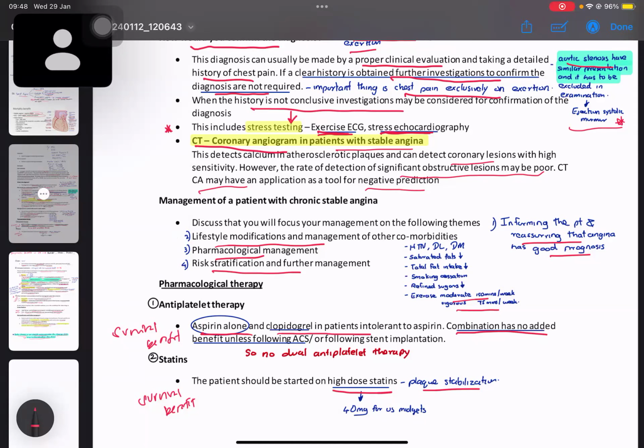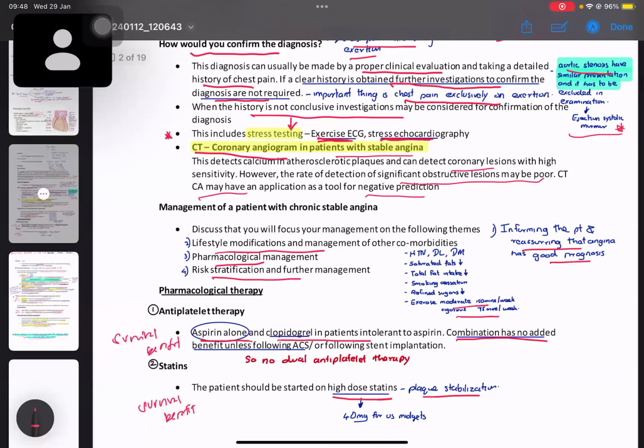Then there are non-pharmacological as well as pharmacological management. You tell the answer like this, better: the lifestyle modifications and management of other comorbidities, because the patient might be having other diseases. In this patient, he is having hypertension, diabetes, like that.